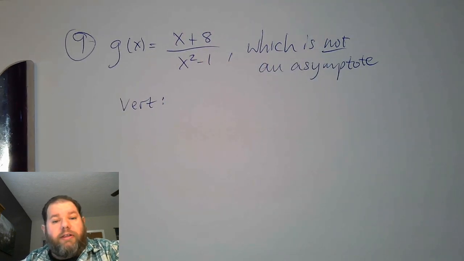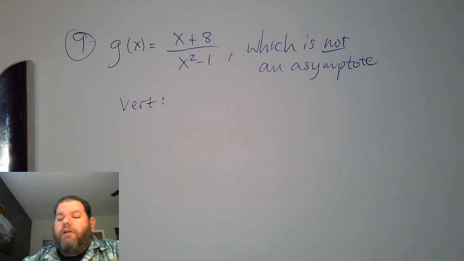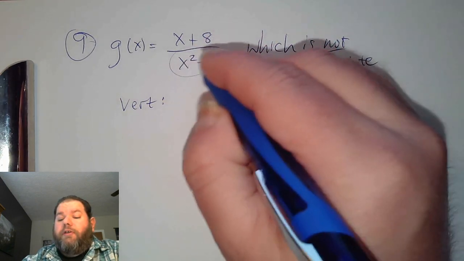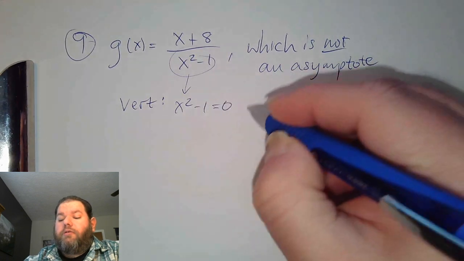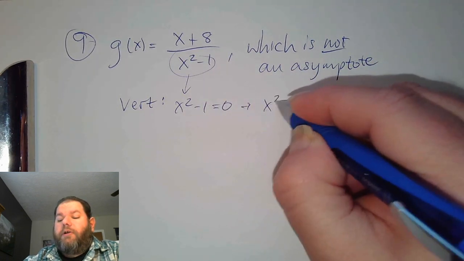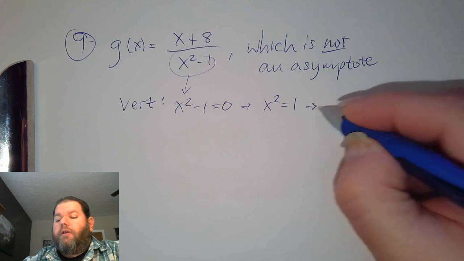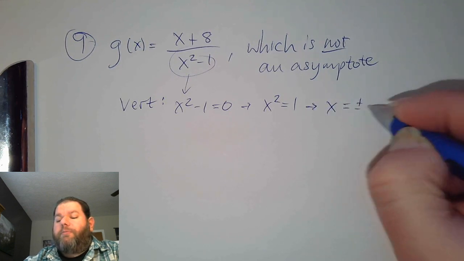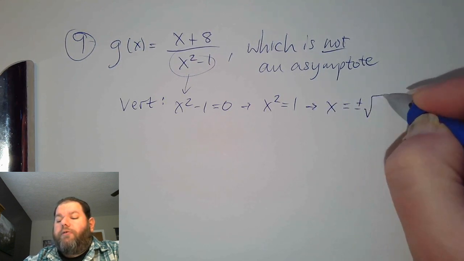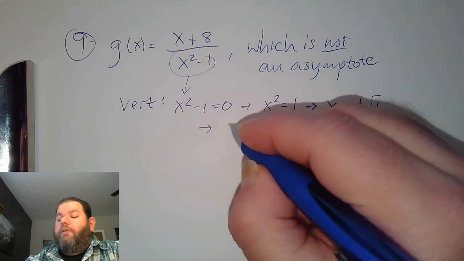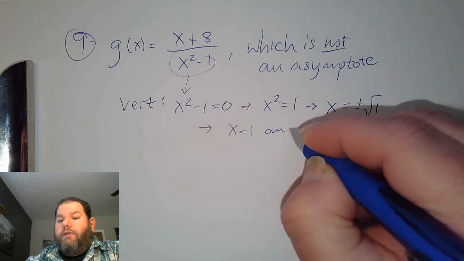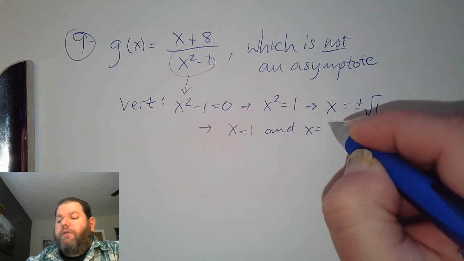This should actually tell us which one's not there. Now, vertical, remember we set the denominator equal to 0. So it's x squared equals 1, so it'll be x equals plus or minus square root of 1. So it's x equals 1 and x equals negative 1.